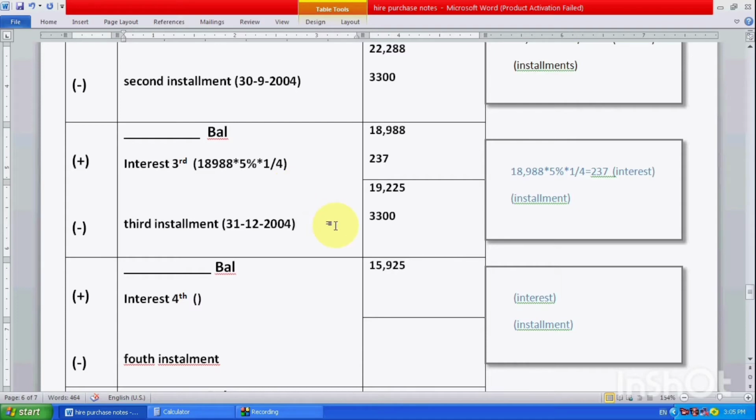Now for the next quarter, 31st March, fourth quarter. Right now calculate the interest. 15,925 into 5% into 1 divided by 4.